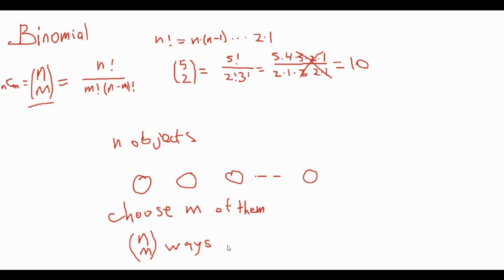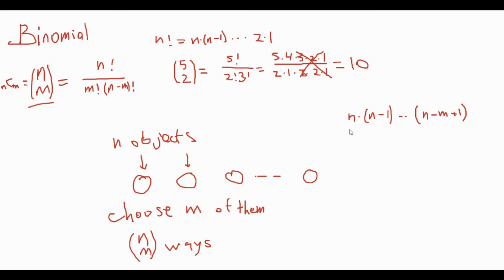And why is that? Well, first of all, if we choose m of them, first we can choose any object, so that's n ways to choose that. Second time we can choose any of the remaining objects, so n minus 1 ways, all the way to when we choose the mth object, there will be n minus m plus 1 ways to do this. But we have overcounted, because choosing this one first and then that one is the exact same thing as choosing that one first, then this one.